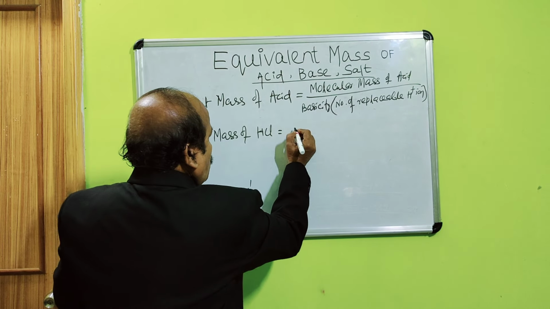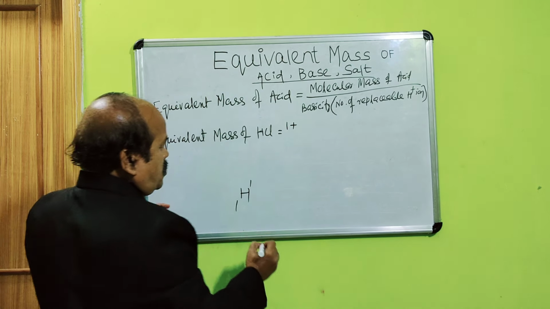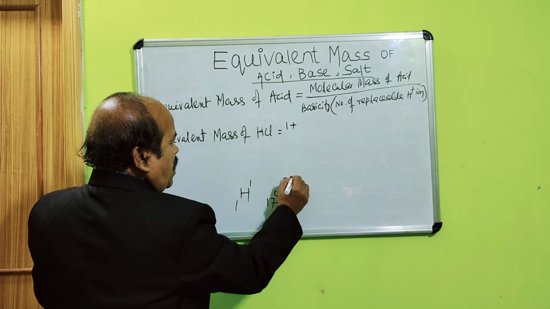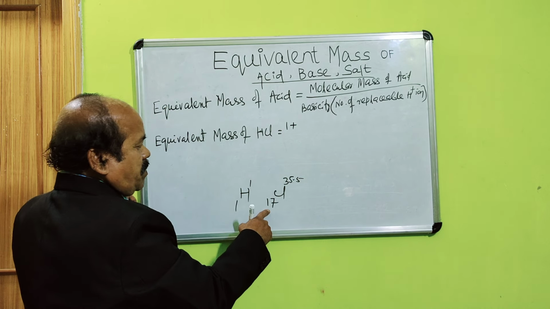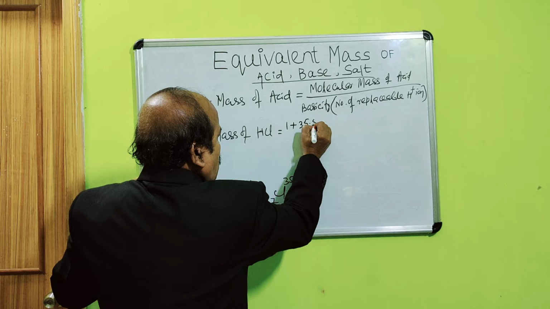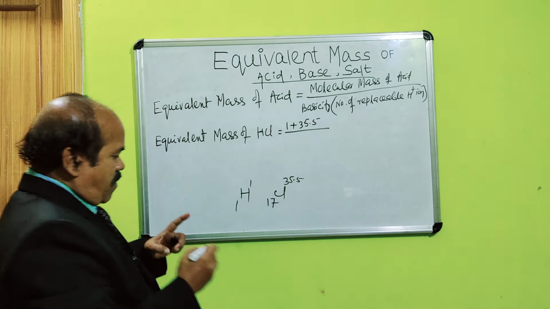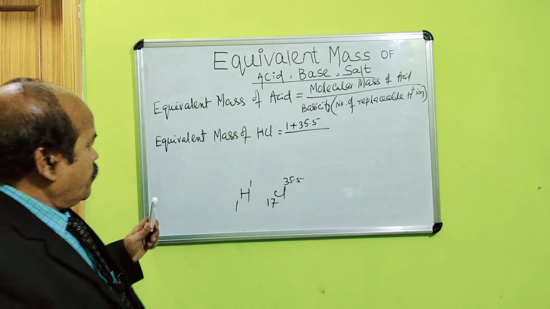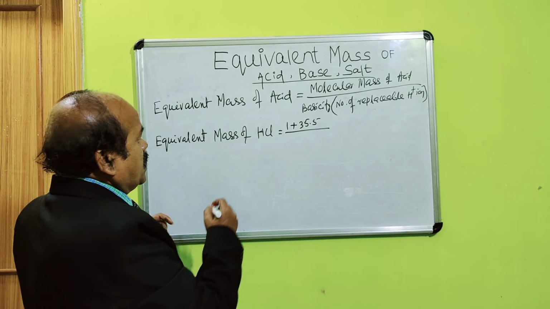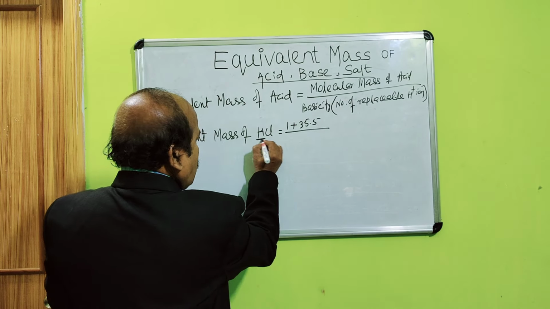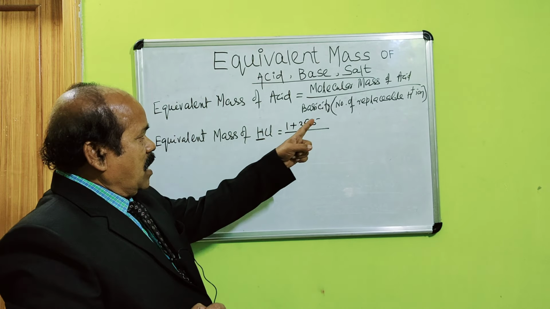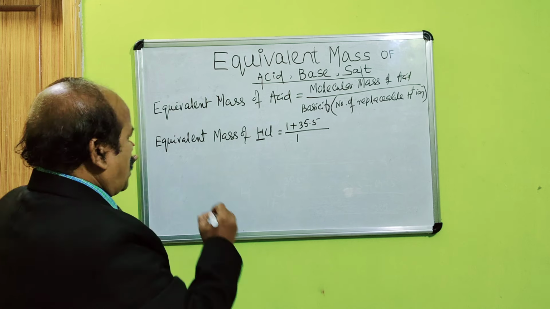So molecular mass is 1 plus Cl, atom number 17, mass number 35.5, so plus 35.5, divided by its basicity, which is 1, or you may say number of replaceable H plus ion.